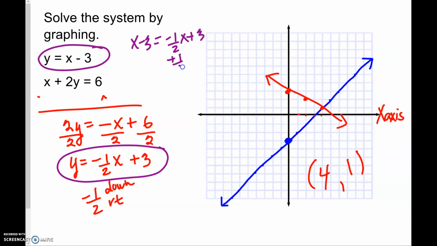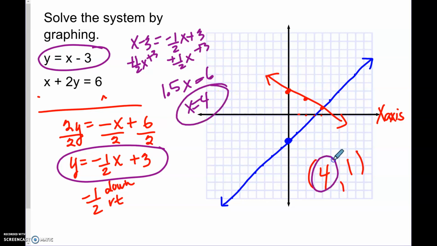If I add 1/2 x to both sides, this is going to be 1.5x, and I'm going to add 3, so I get 6. And now what is 6 divided by 1.5? That comes out to be 4. So you can see x is 4, x is 4.